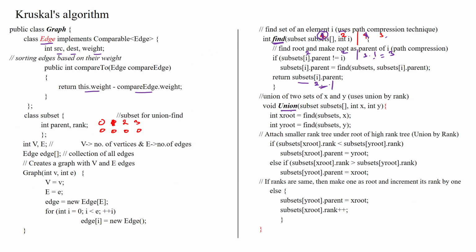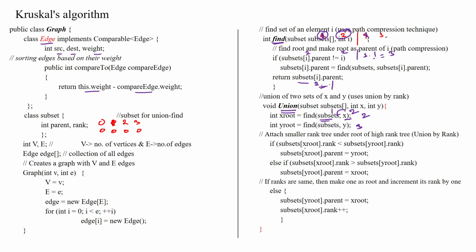So based upon that, you can add into the minimum spanning tree. So here the union, in the sense, we will make the subsets, x. So we will find which is the parent, which is the child. Initially the subsets is 1 for this, and 2 for this. So x root is here 2, y root is here 3.